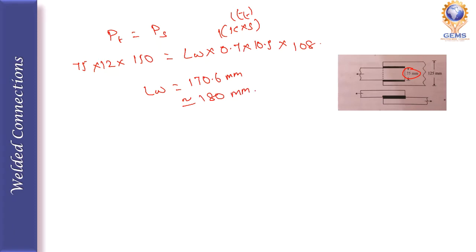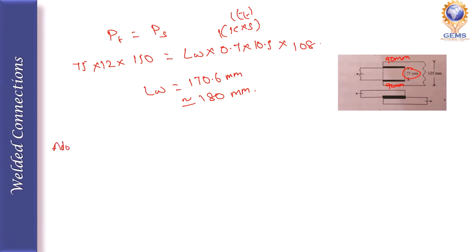If we assume it as 180 mm, there are two overlaps, so it should be divided by 2, which gives 90 mm on one side and 90 mm on the other side.